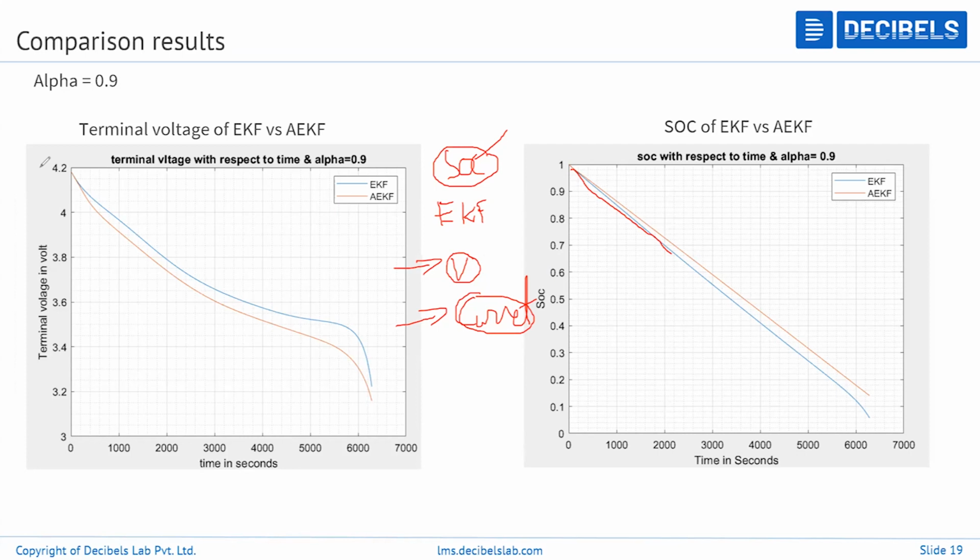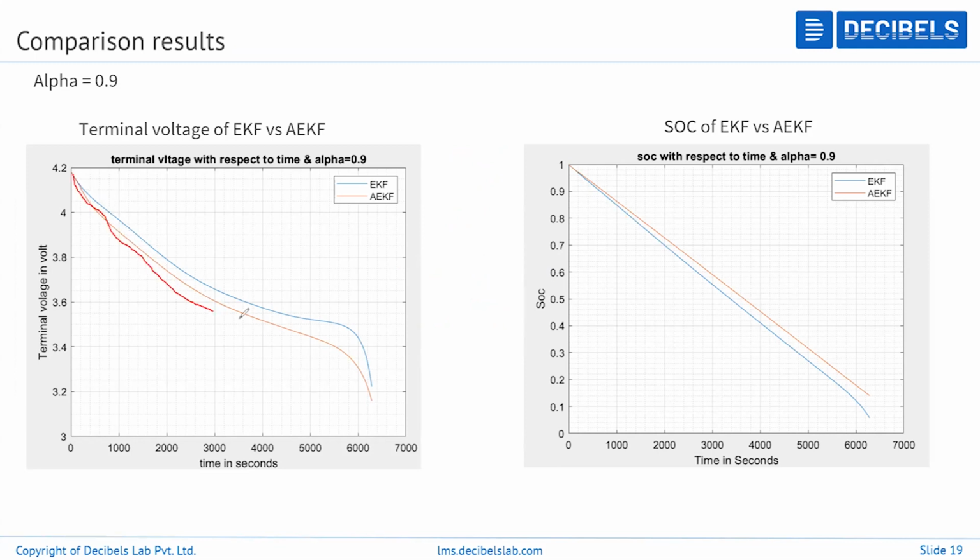For example, assuming that one graph I got from my Kalman filter model, and the other graph I got from my cell cycler. Cell cycler means testing machine, cell testing machine. So I discharge it. I kept the cell and started discharging it at some particular C rate.